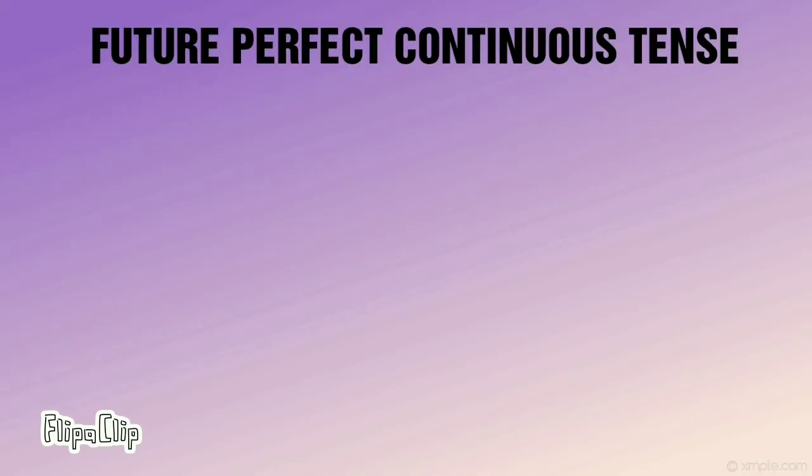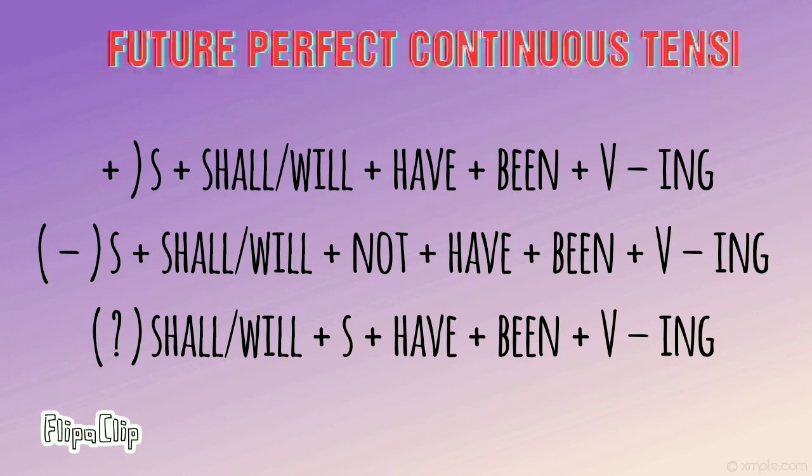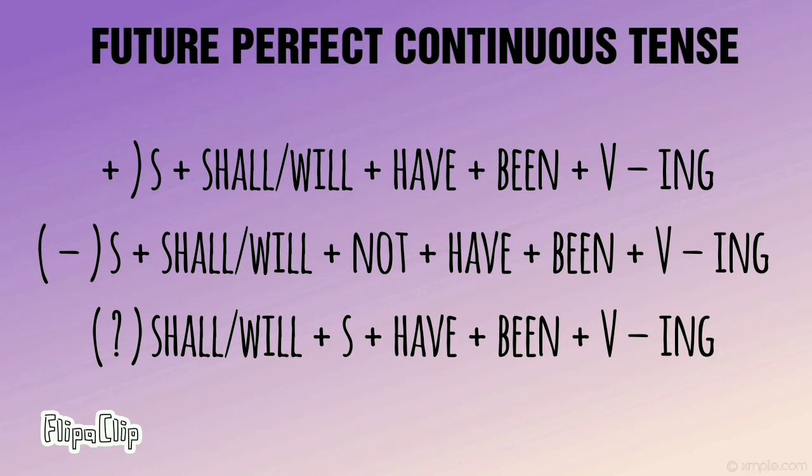The structure of future perfect continuous tense is subject plus will plus have plus been plus verb ing plus object. If negative, subject plus will plus not plus have plus been plus verb ing. And question, will plus subject plus have plus been plus verb ing.